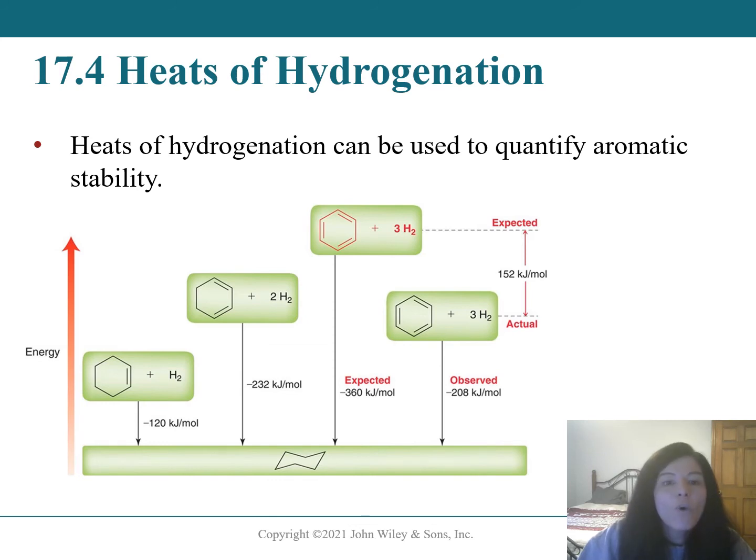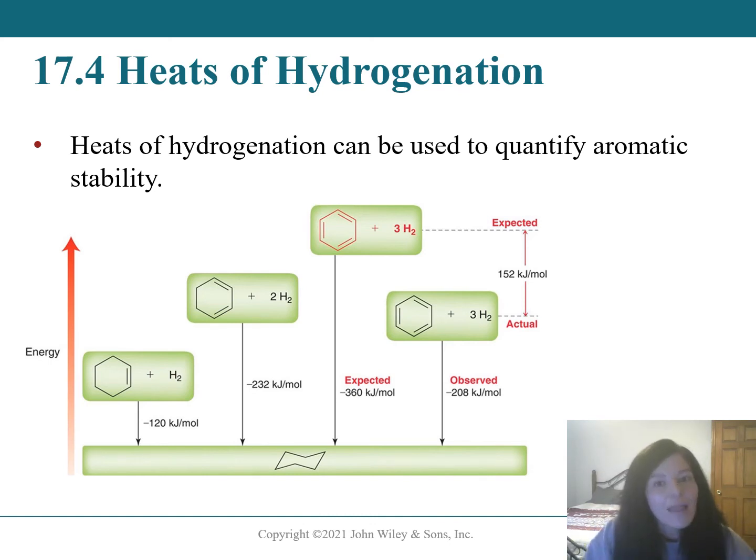Okay. For a six-membered ring with one double bond, it would take 120 kilojoules per mole to get rid of that double bond. So we might then expect that a six-membered ring with three double bonds would take 3 times that amount of energy, 360 kilojoules per mole.